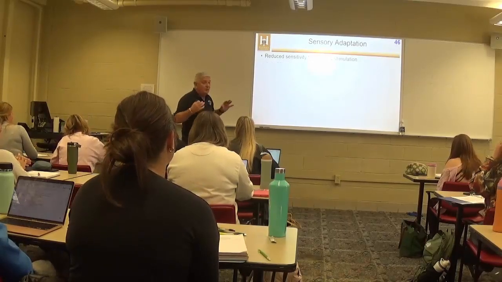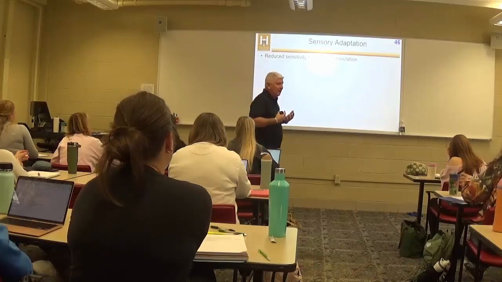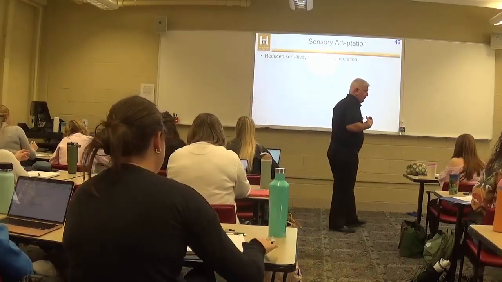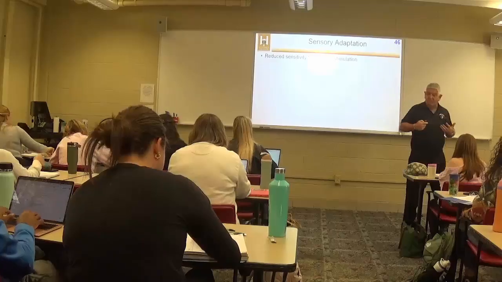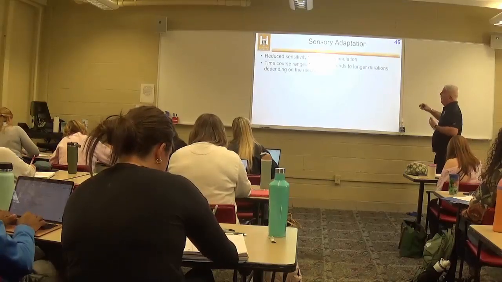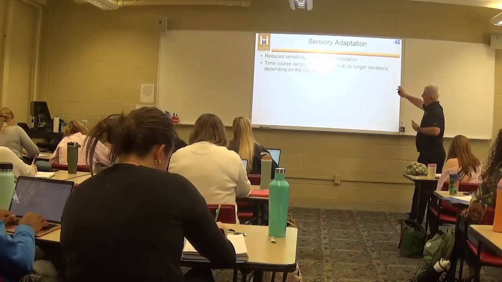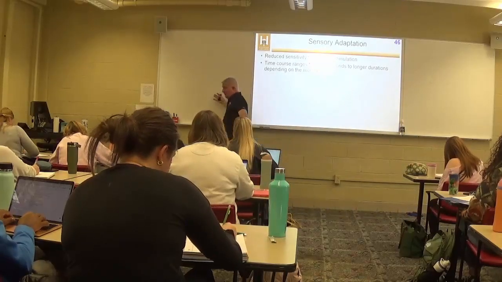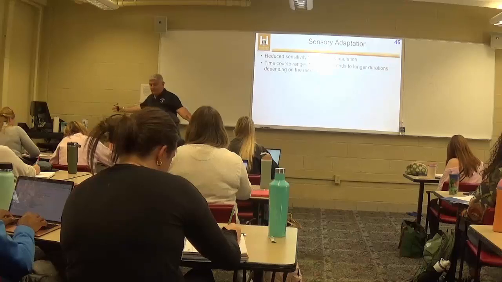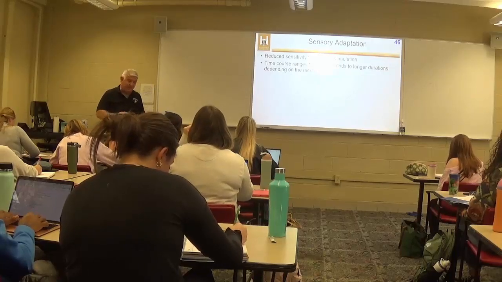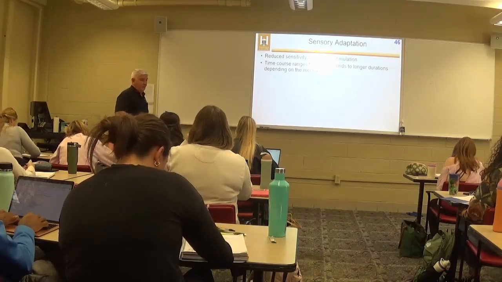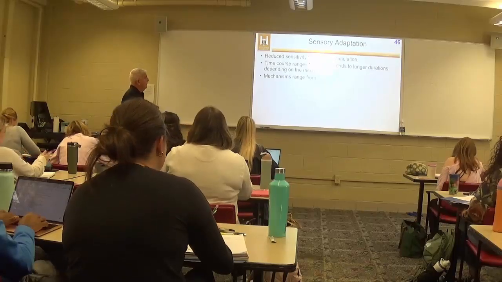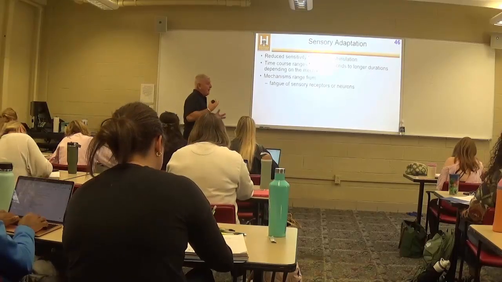Adaptation. Reduced sensitivity due to repeated stimulation. We mentioned this last week. The time course of this can range from milliseconds to much, much longer, depending on the sensory system, depending on the stimulus, right? So why do we have this?